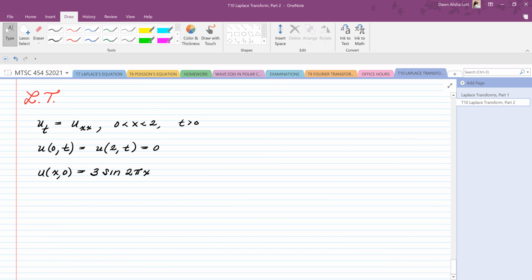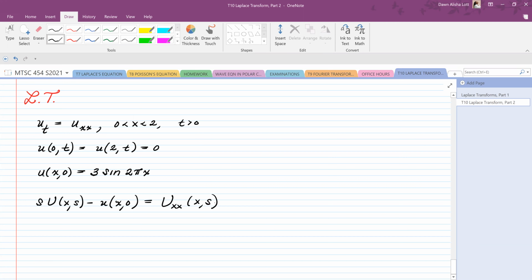So the first thing is, when I take the Laplace transform, I'm going to get s times capital U of x and s, minus u of x and 0, and then I'm going to get equals capital U xx of x and s.